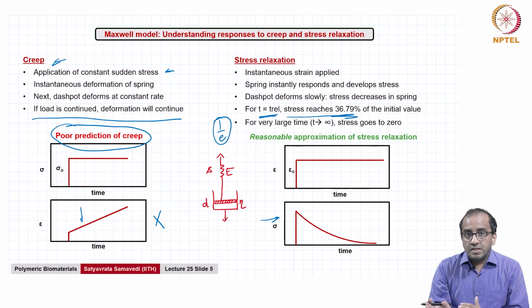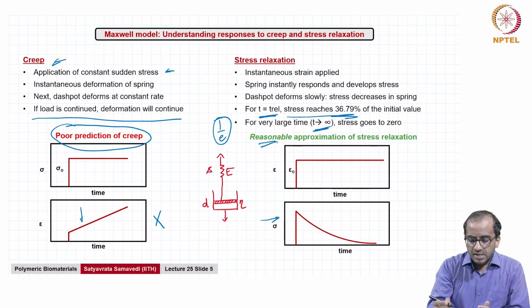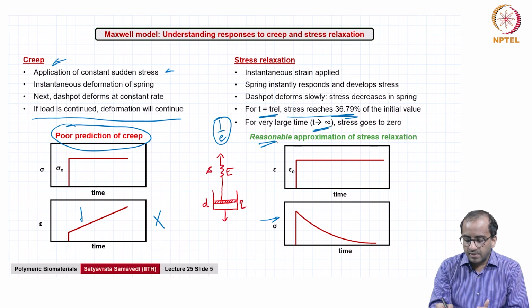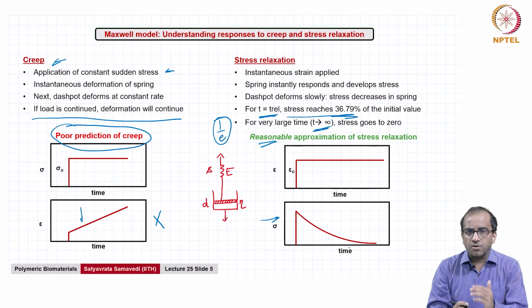And for very long times, essentially t tending to infinity, the stress decays to 0. We say this is a reasonable approximation of stress relaxation because ultimately this predicts that the stress is going to decay to 0 at very long times.